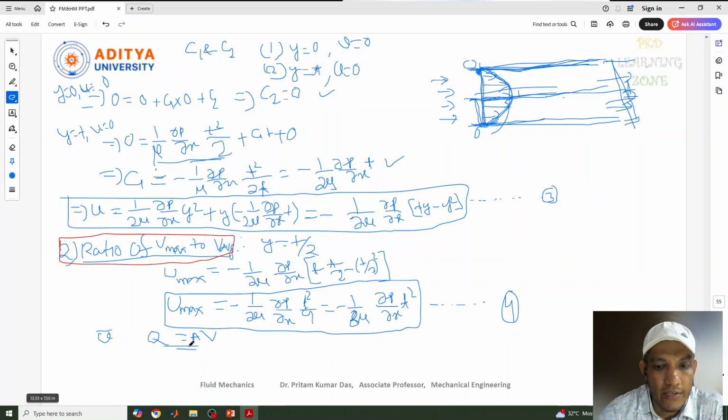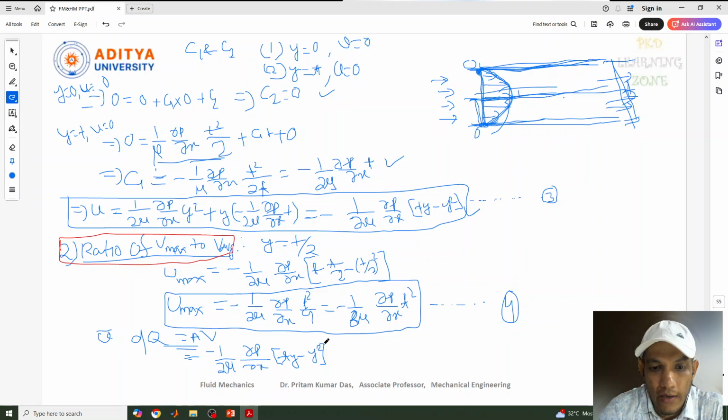I'm not able to write the total Q yet, so I can write only dQ equal to the velocity at a distance y. So the velocity equals minus 1 by 2 mu del p by del x, bracket t into y minus y square.